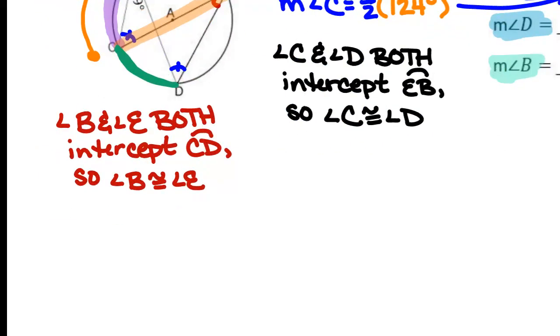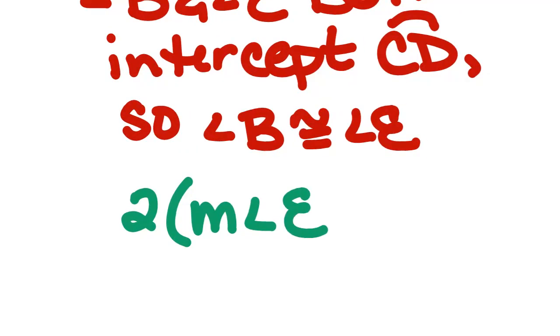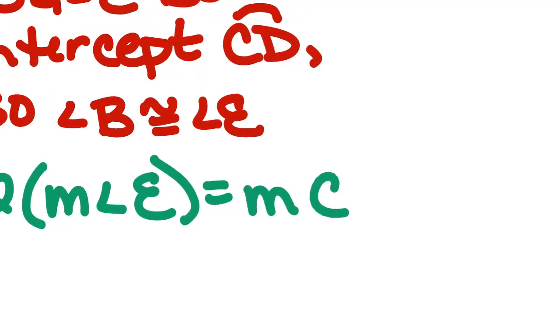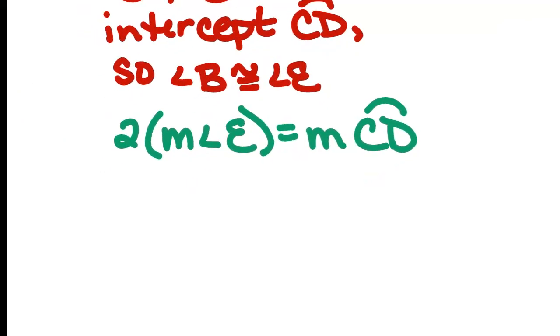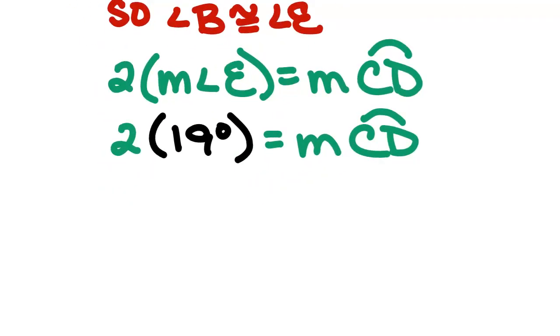Times it by 2. So 2 times the measurement of angle E is equal to the measurement of arc CD. So we would do 2 times what? 2 times 19 to get arc CD. What is 2 times 19? 38.